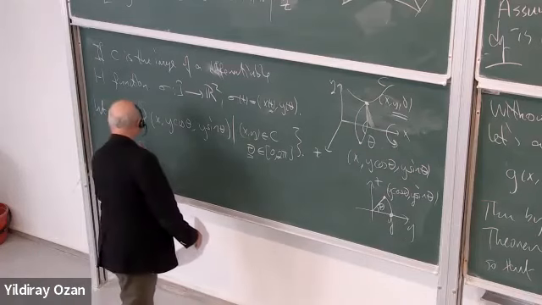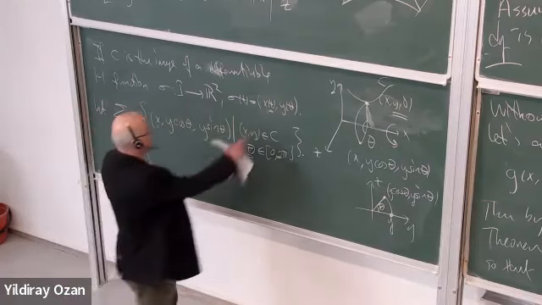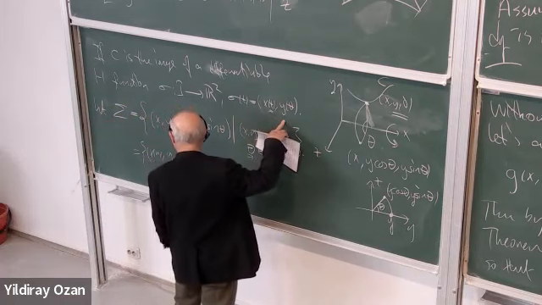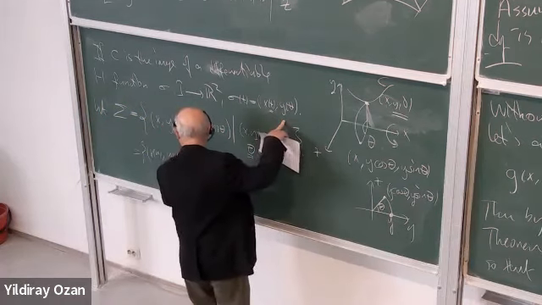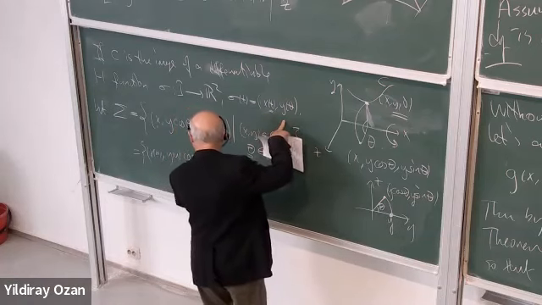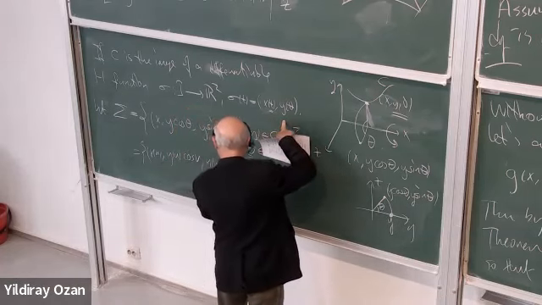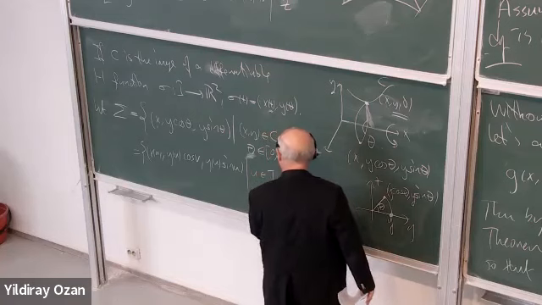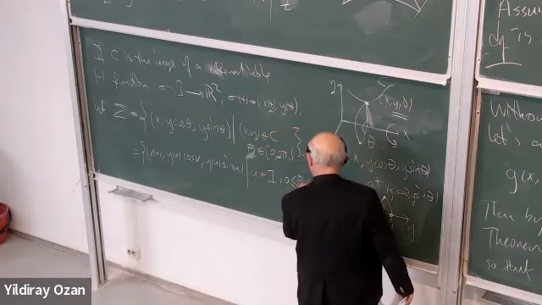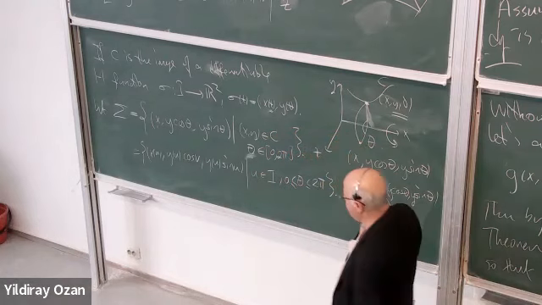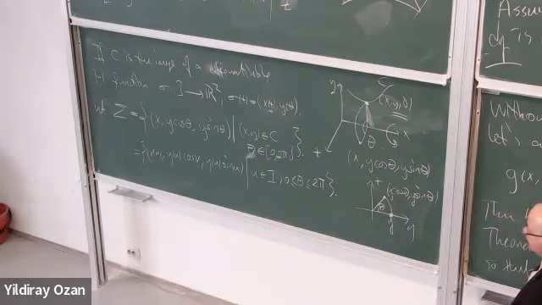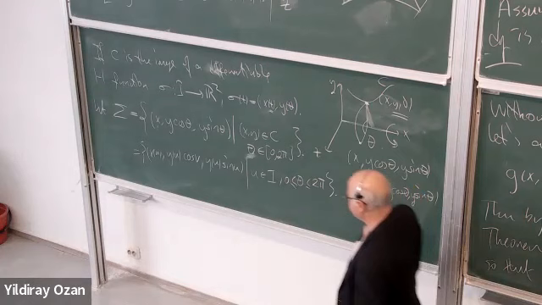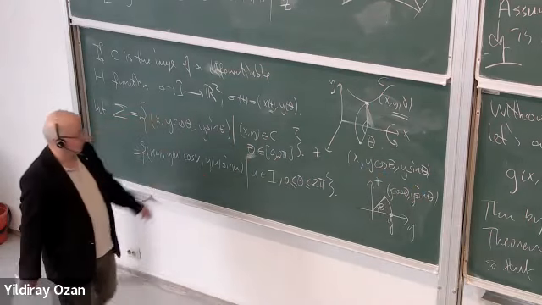So I can write it like this: x(u), y(u) cosine v, and y(u) sine v, where u is in the interval I, and theta is between 0 and 2 pi. So this is my surface patch, given by this formula.